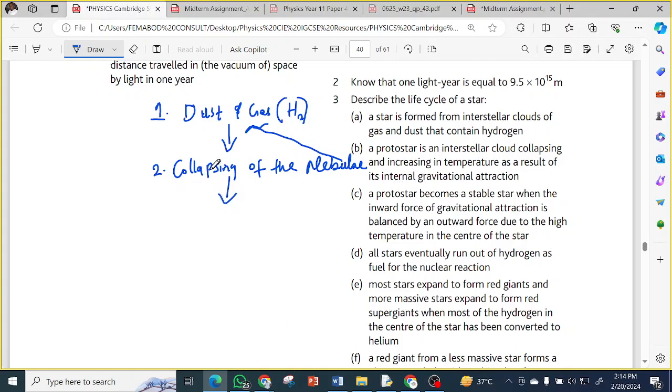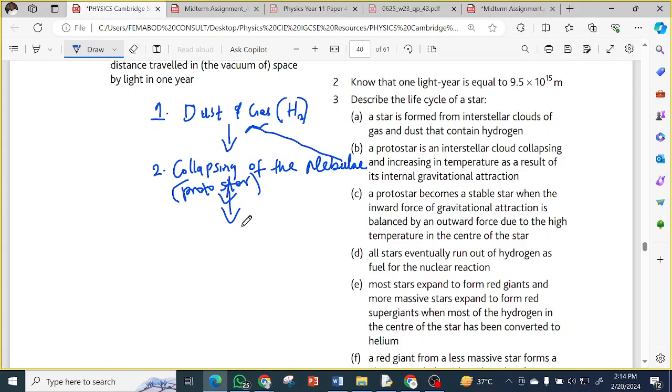So this collapsing of the nebula is the protostar. When the nebula collapses together due to the internal gravitational attraction, a protostar is formed.